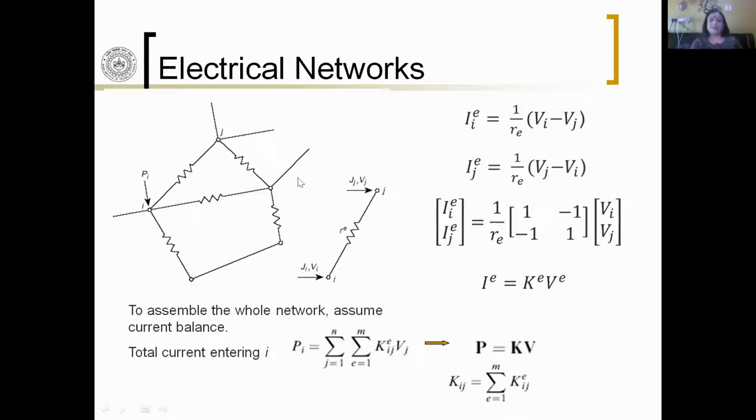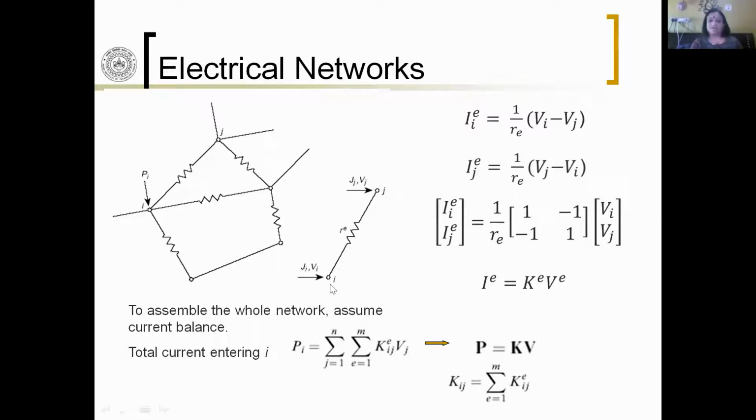Now, there are several branches in this circuit, and they're all interconnected at certain nodes. What I do is I take out one of them. So this is my IJ branch. I just take it out separately. Now, if I look at this branch, what I need to know is that this is the equivalent resistance of this branch, RE. So this is my element.